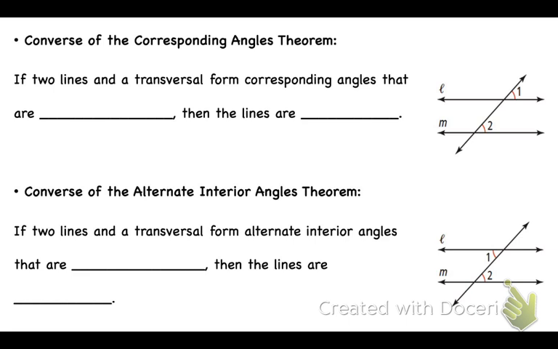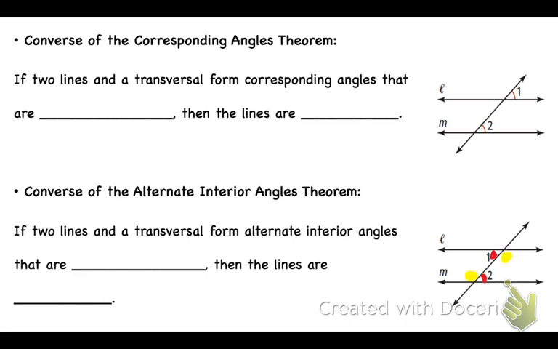So number 1, your corresponding angles should be 1 and 2. Okay, so fix it, and the rest of them are just all the same as the other one. Okay, so alternate interior. They should be here and here. What's another set of alternate interior angles?